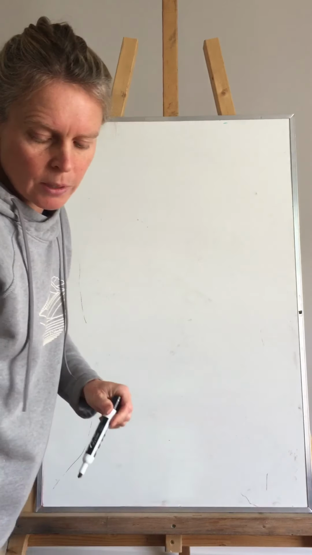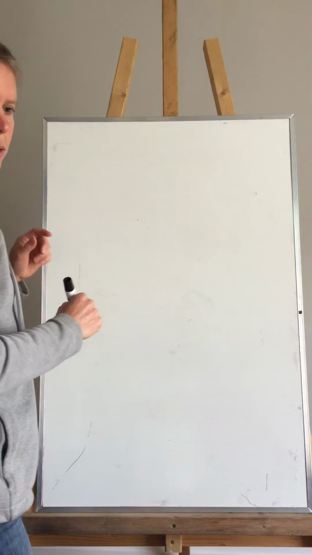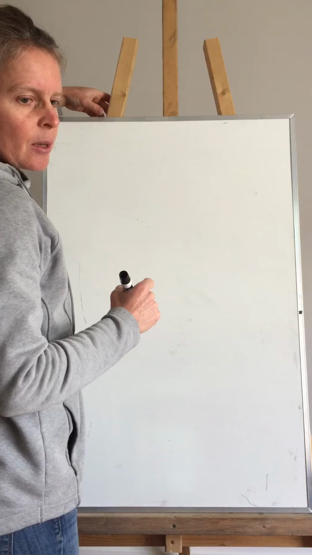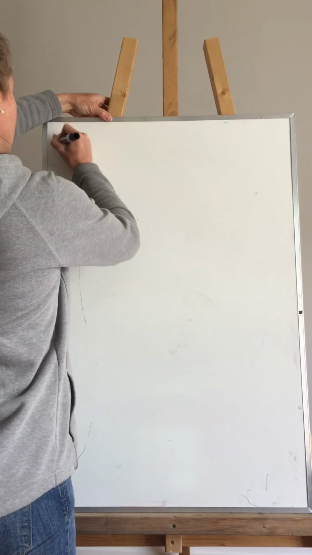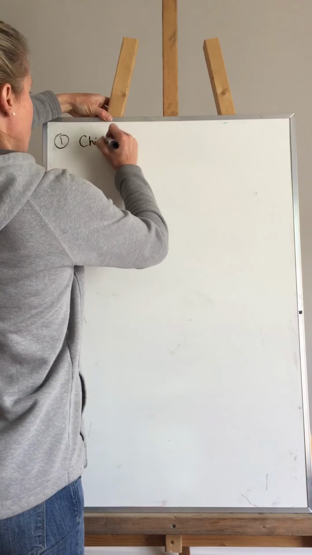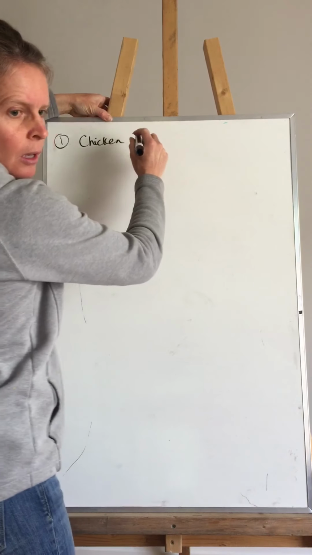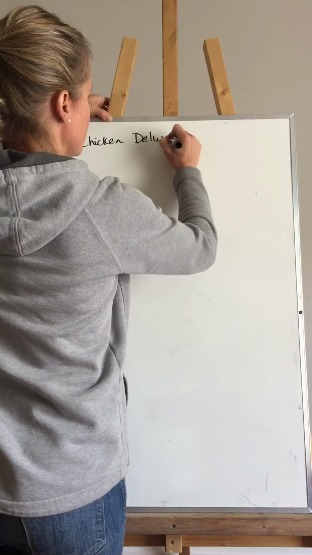First question, I believe these are the first two from your worksheet. It says a family meal deal at Chicken Deluxe. I won't write down everything, but this is the Chicken Deluxe question.